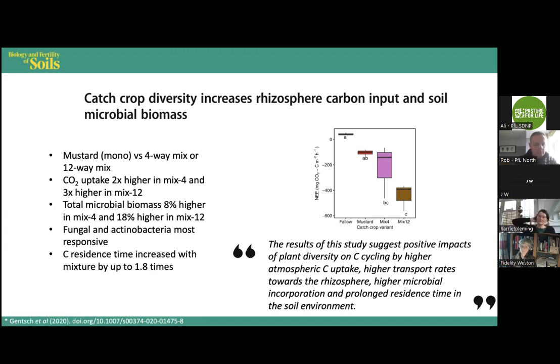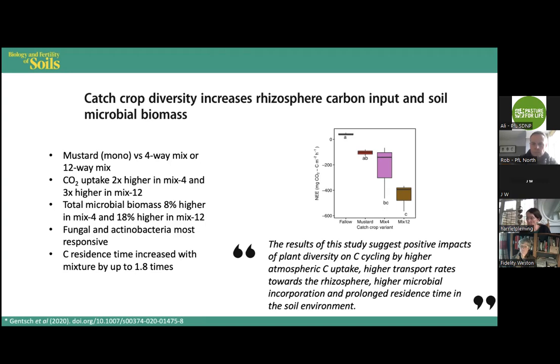So you can see here, this is a key part of the mechanism by which diversity can improve the system performance, can improve soil health, soil carbon, soil function, soil biodiversity. It's because the plants are better able to breathe in more carbon dioxide, to get more carbon fixed out of the air into the system, where then that carbon will be deposited down into the soil to drive all those changes.